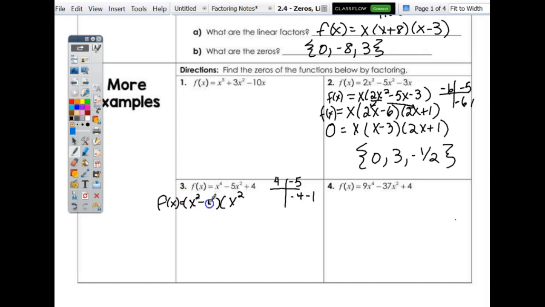So I'm going to use x squared minus 4 and x squared minus 1. And then these are perfect squares. So once you set it to 0, you can get all the zeros then. You get plus or minus 2 and plus or minus 1.